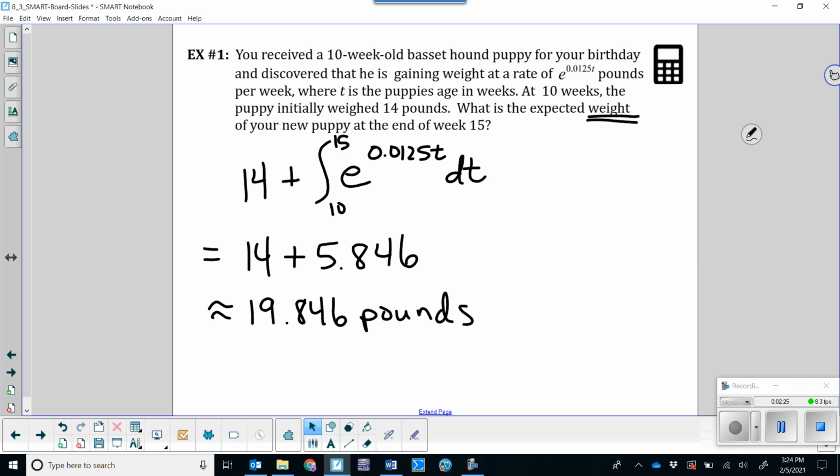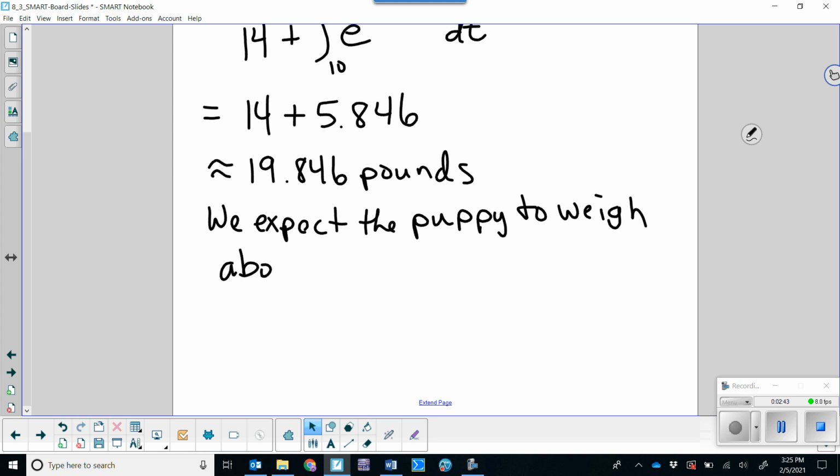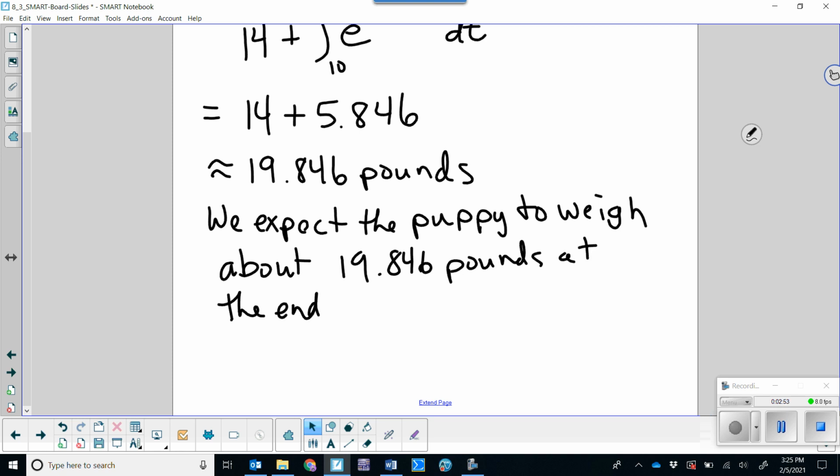And then you should always be in the practice of saying, we expect the puppy to weigh about 19.846 pounds at the end of week 15, or when he's 15 weeks old, or something about that.